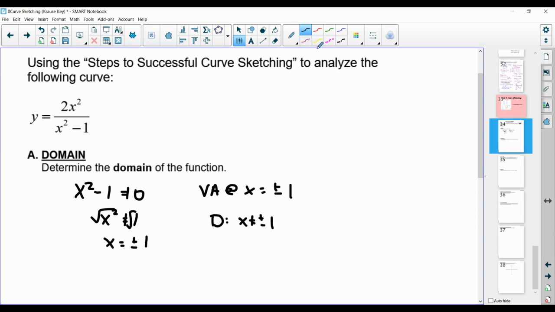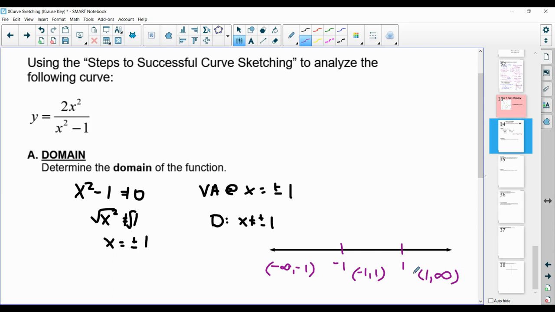So if we were to sketch this on a number line, we would have restrictions at -1, and we'd have restrictions at +1. And so our domain goes from -infinity to -1, and it goes from -1 to 1, and from 1 to infinity.